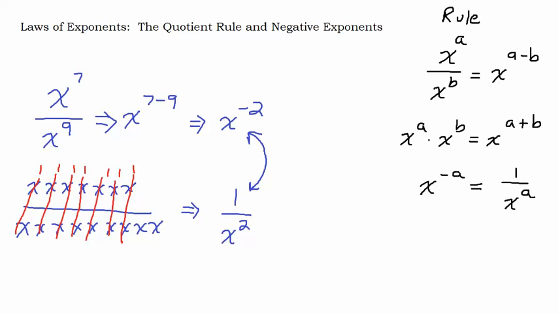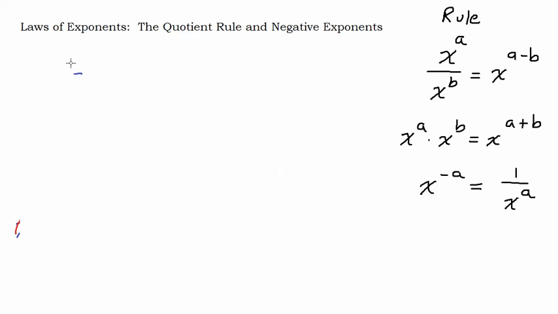Let's look at an example with numbers instead of x's. And then maybe we'll pull up the calculator. A lot of times students are convinced by the calculator. I'm going to use smaller exponents this time. Let's say I have 2 to the 3rd divided by 2 to the 5th. Okay, this is a good example.